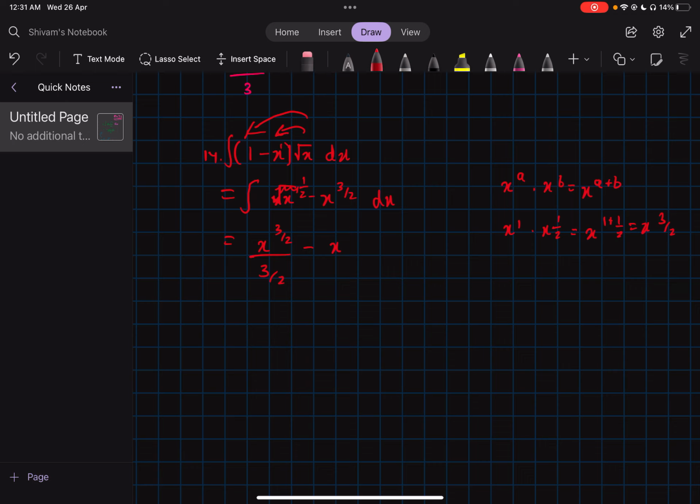And x to the 5 by 2 upon 5 over 2 plus c. You can leave it here, or if you want to clean it up, then you want to kick the denominator of the denominator up. That is the answer.